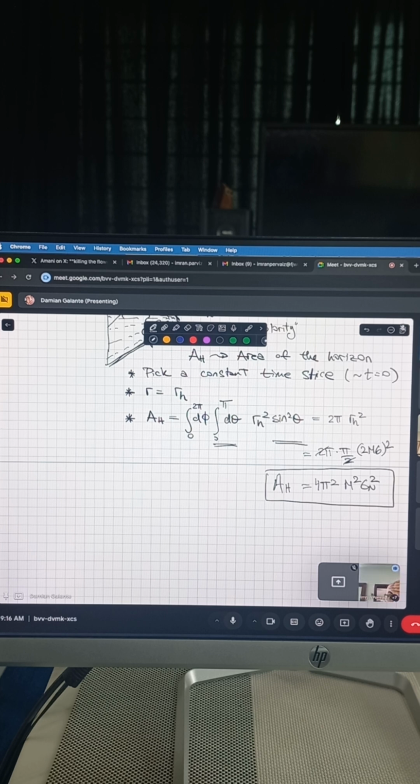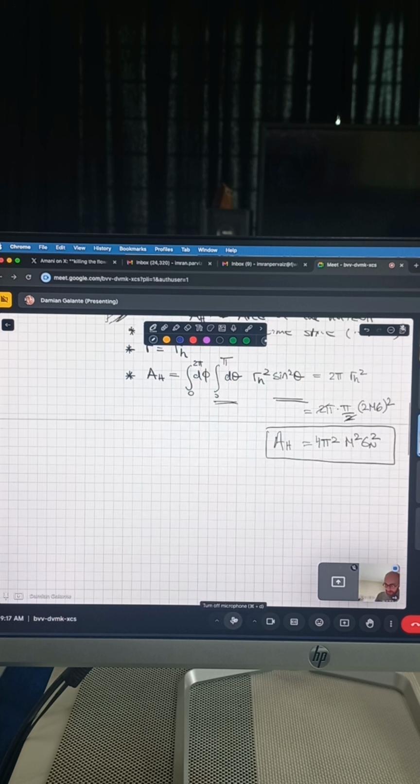Hamas, you can try using a different browser maybe or a different device. Because I think the rest of us, Taha and rest of us, are able to see both the video as well as Damien's writing device. But Hamas, I would like to tell you that I'm making a video recording also, so you can see that later also. So yes, Damien, you can continue. I think he left anyways.